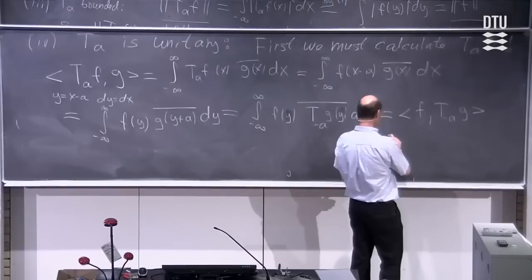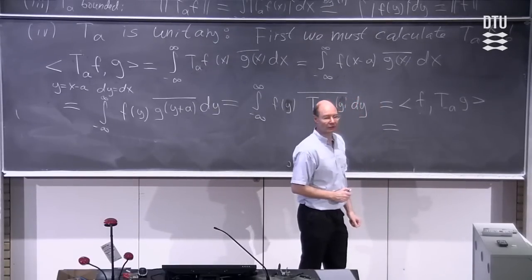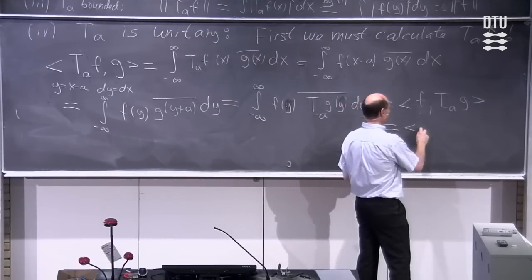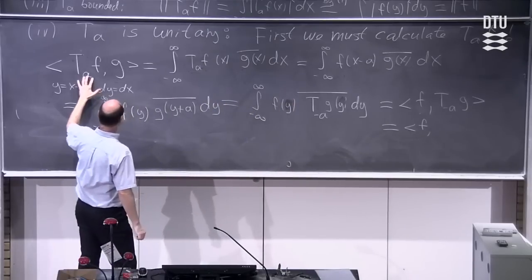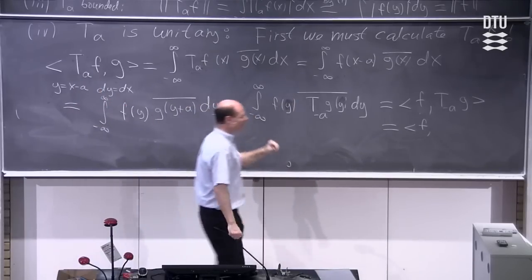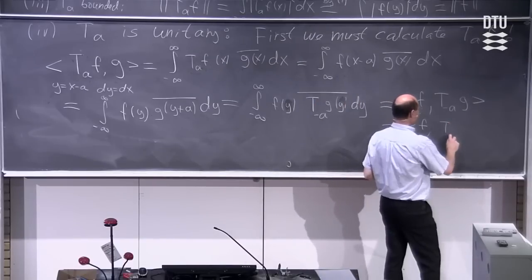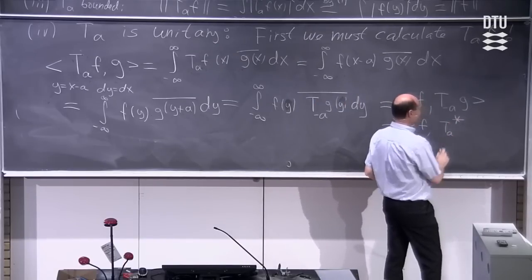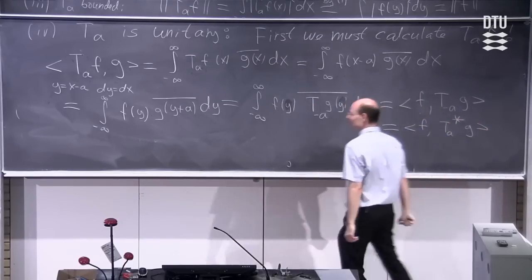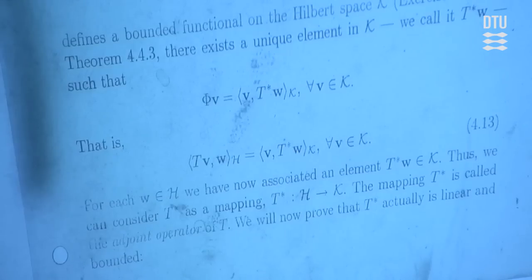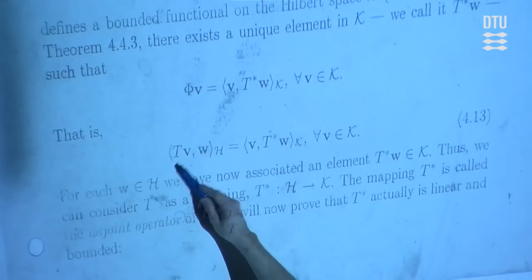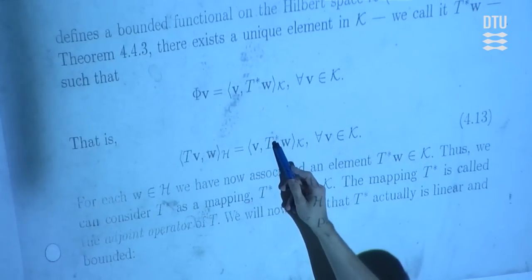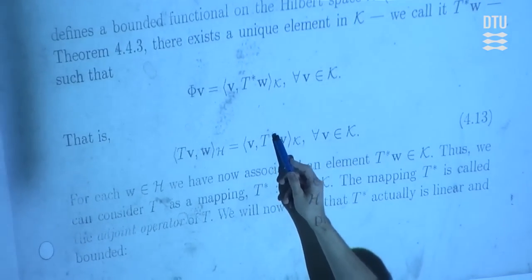If we look at the general definition of the adjoint operator, what comes out by taking this operator and moving it to the other side would be TA with a star, of g. This is what the definition says. When we have an operator here and we move it to the other side, the name on the other side is the same, but with a star on it.